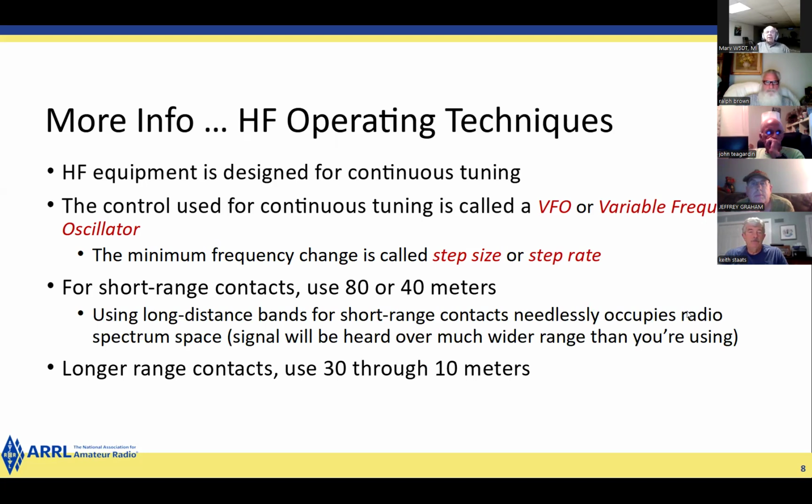When you're operating, you should figure out what you're going to be doing, and a lot depends on the propagation and what you intend to do.